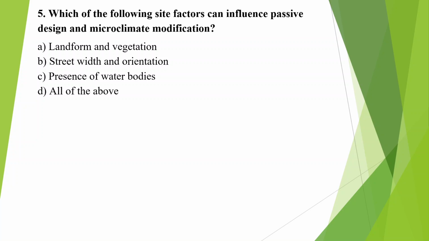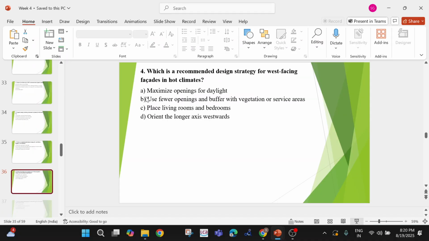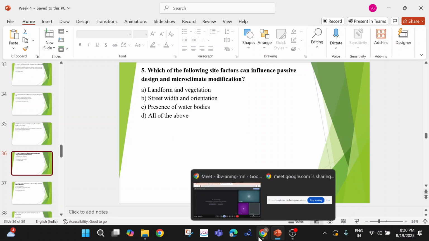So try to think about each of the options carefully, whether the street width and orientation, landform and vegetation, presence of water bodies can influence passive design and microclimate modification or not. So I hope all of you have got the question.